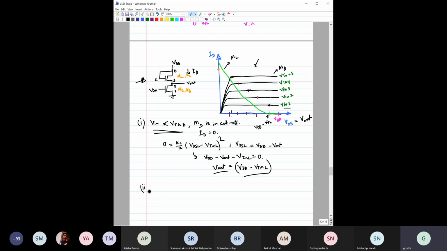Okay. Now next condition, when this V in is greater than VTHD, right? Aha. Have I done everything correct? Can you please check? Have I written everything correctly?